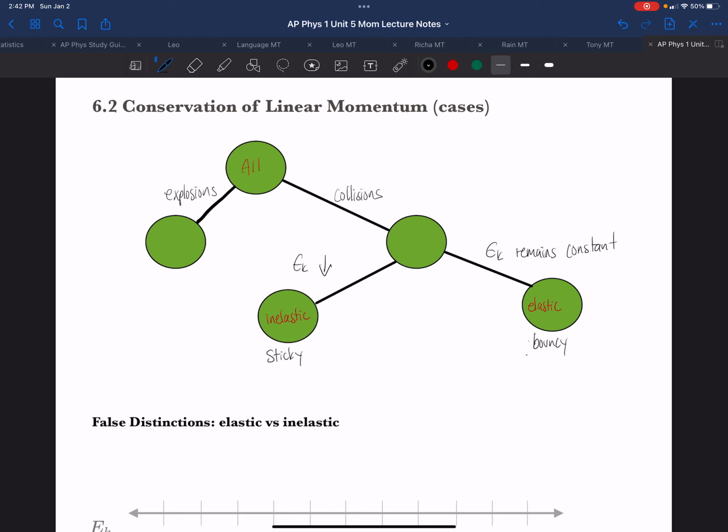Some other attributes: when it's elastic, the interactions are short-term. And for sticky, the interactions are generally longer-term.